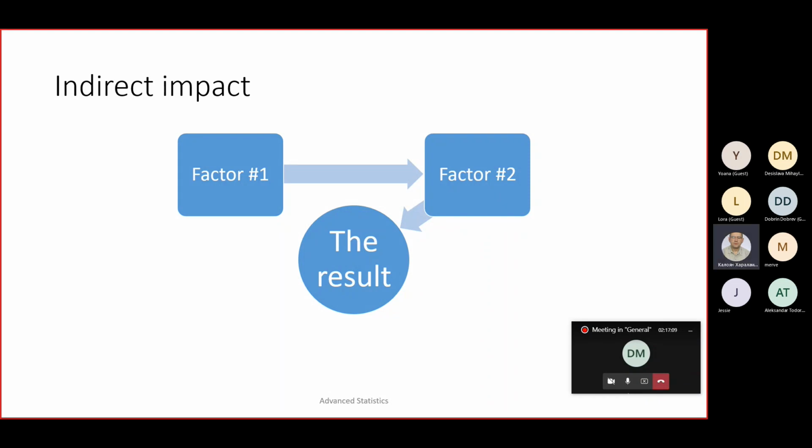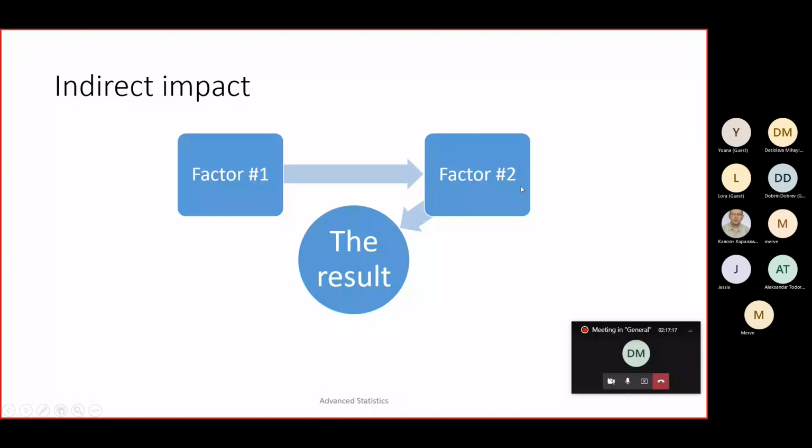Okay, that means that the working position is this factor 2, and increasing of education will increase the working position, and increasing of working position will increase the salary.